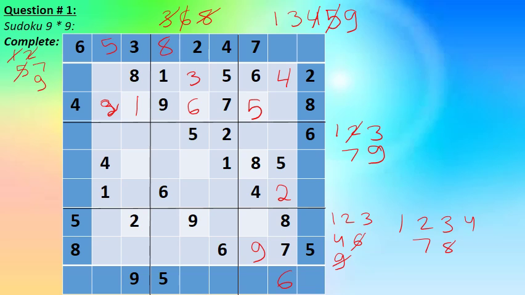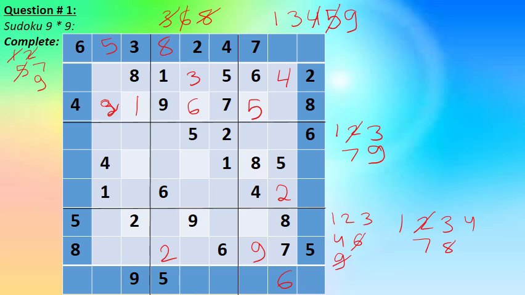How many choices does 1 have? 2 choices. 2, 1 choice, which is above 5 we write 2. 3, many choices. 4, 7, 8, it has 2 choices, so we leave it.